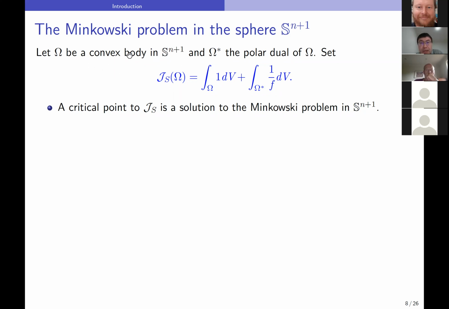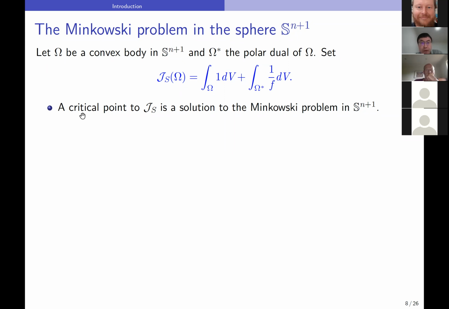We consider the following functional for convex bodies in the sphere. Let omega be a convex body in the sphere, and consider the functional G of omega, equal to the volume of omega plus the integral of 1/f over its polar dual omega star. You can see this functional is very similar to our functional. The only difference is that here the ambient space is the unit sphere.